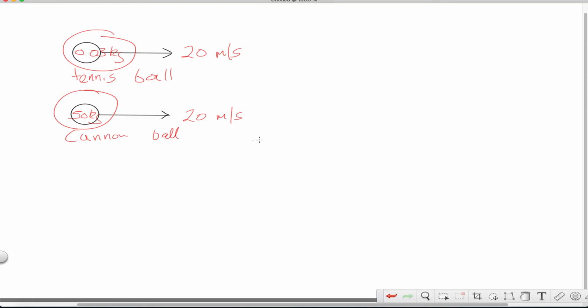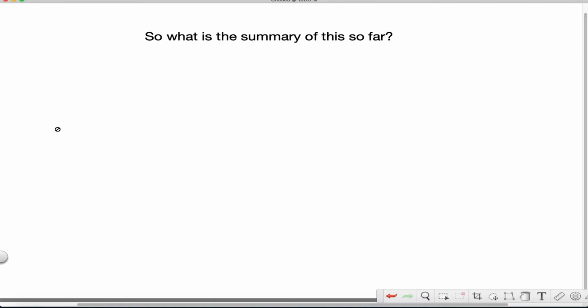So the point is that there are two factors that affect the damage that something might do. Our first factor is the velocity. So two factors affect the impact of an object.